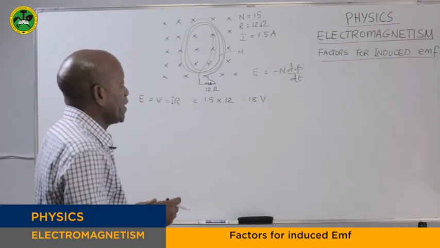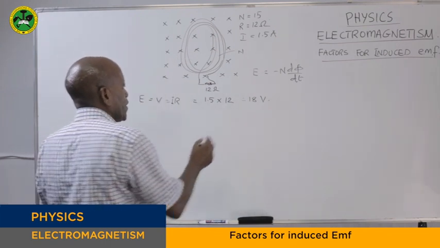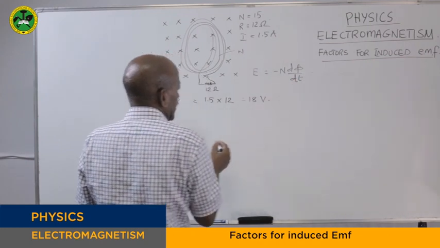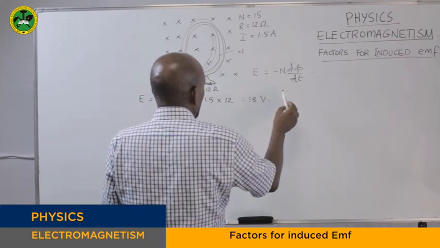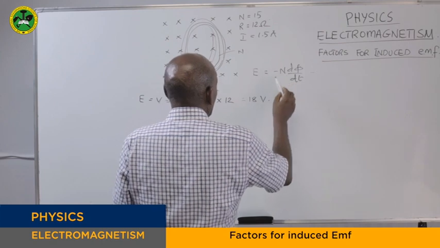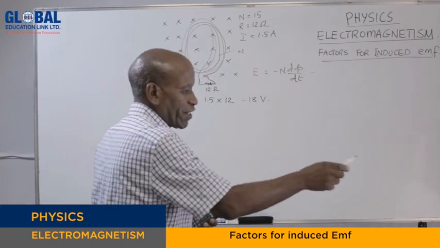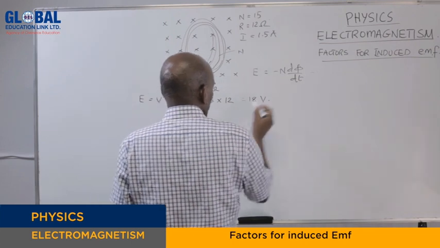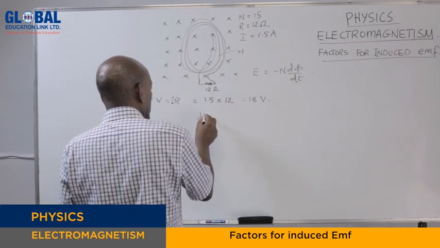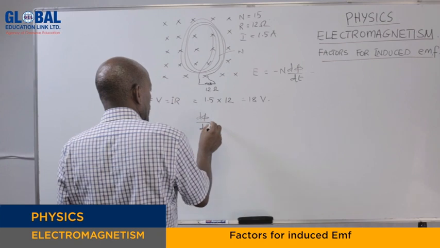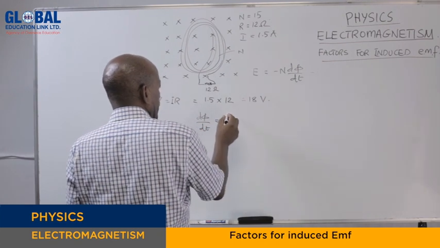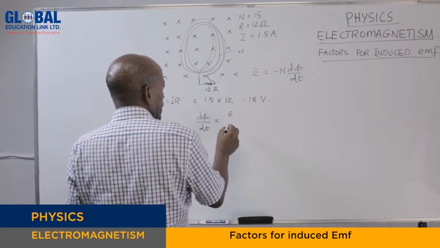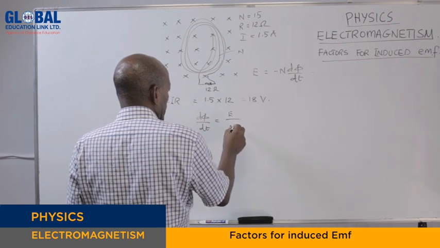And having obtained 18 volts, using this particular expression, what we really need to determine is the rate of change of the magnetic flux. So the rate of change of the magnetic flux, d phi dt, will be equal to the EMF over the number of turns.